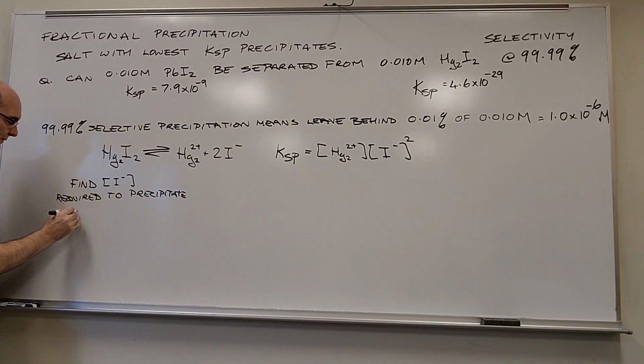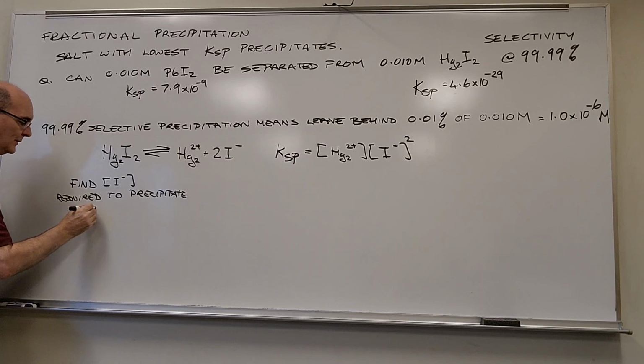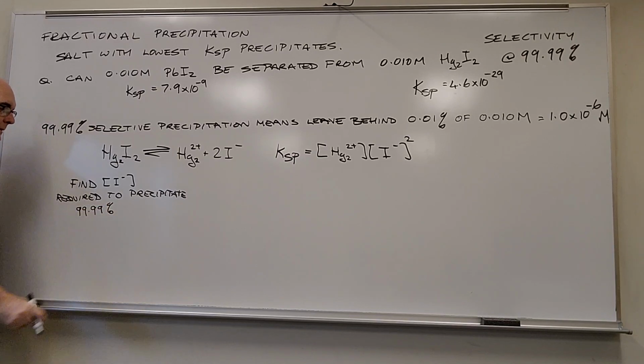So the value that you're finding is the value that precipitates everything except that final 0.01%. The numbers are there.